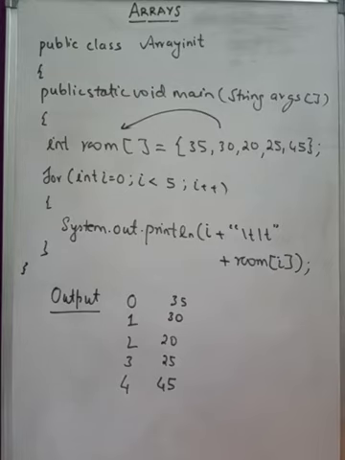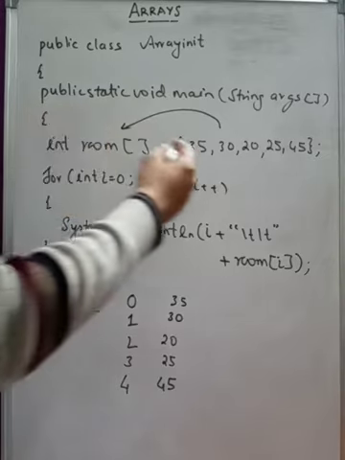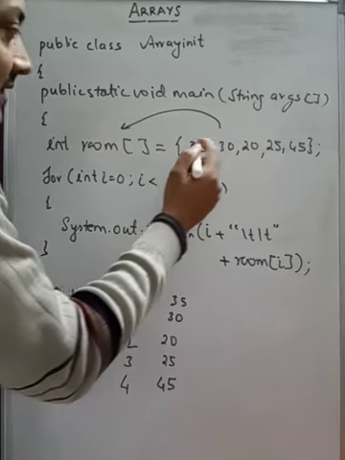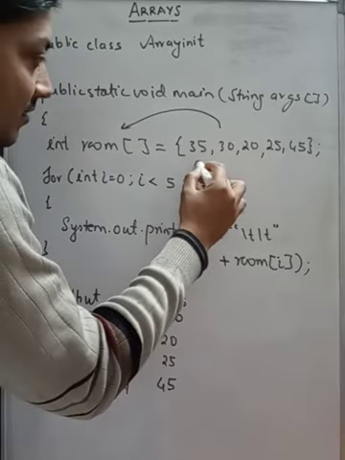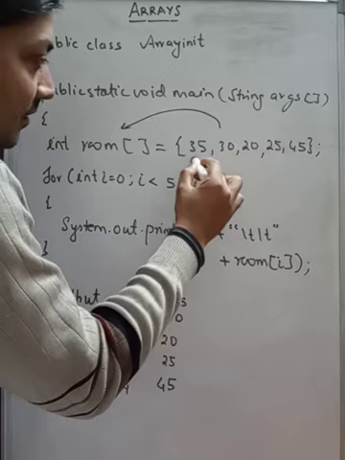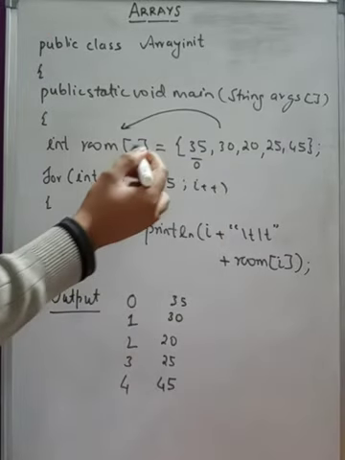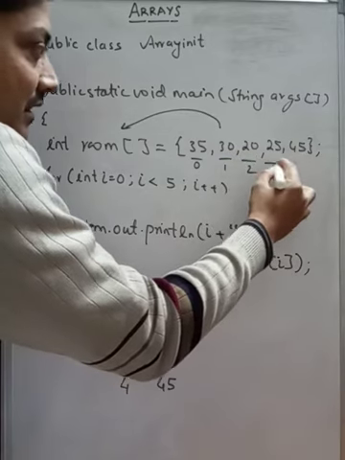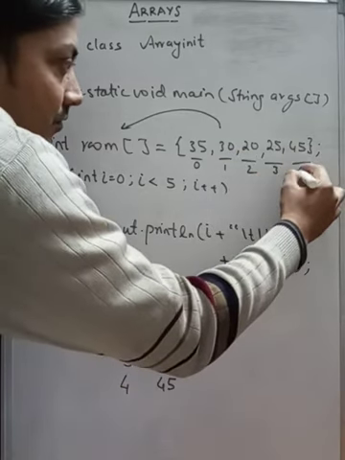Now the question arises: sir, if it is written like this, how do you know which index number you are carrying? If it is written like this, it simply means that the first element has the 0th index, then over here you have the first index, then second, then third, and then fourth index.